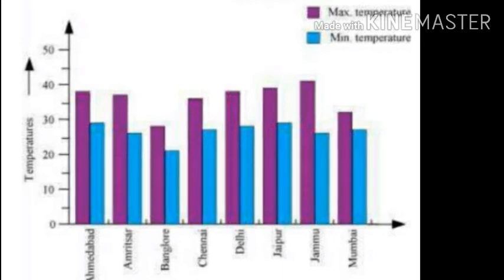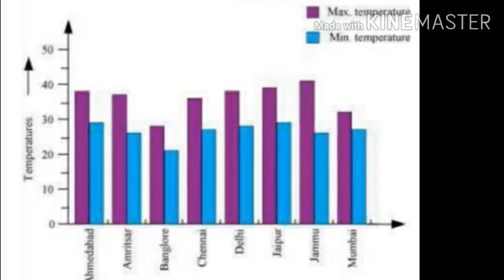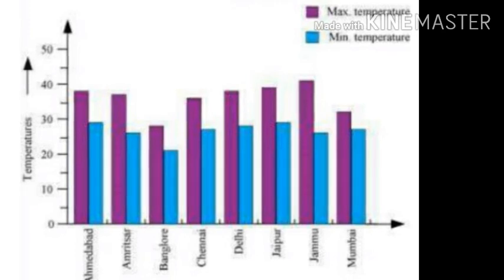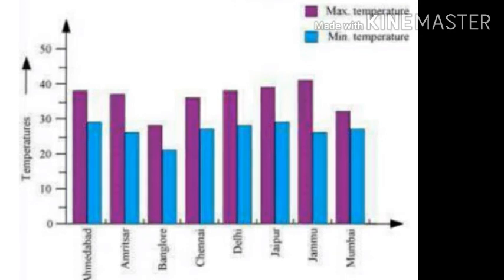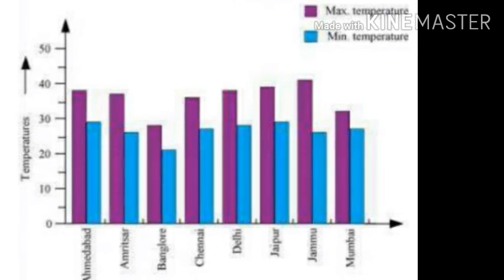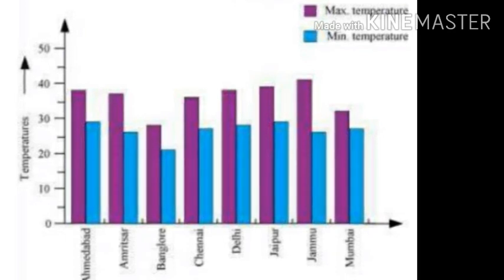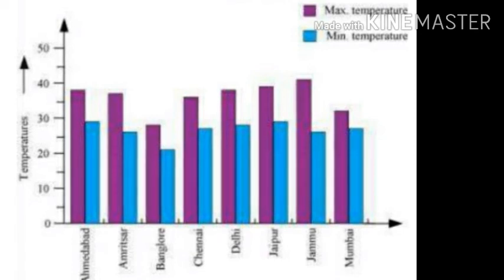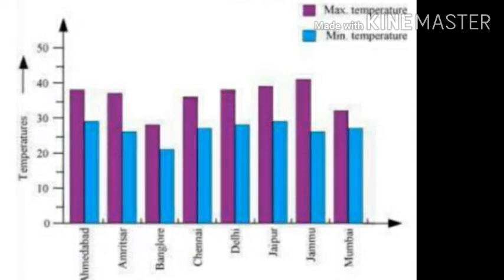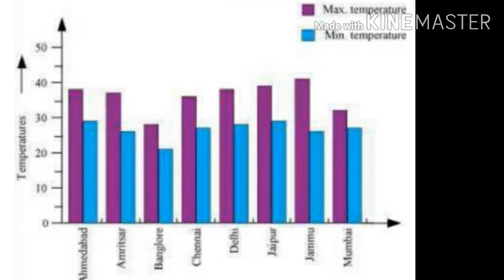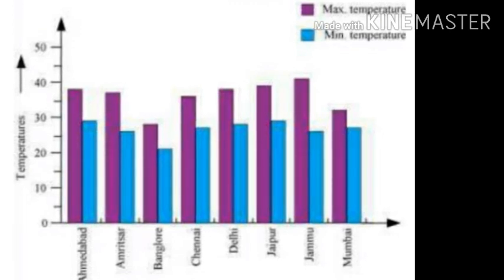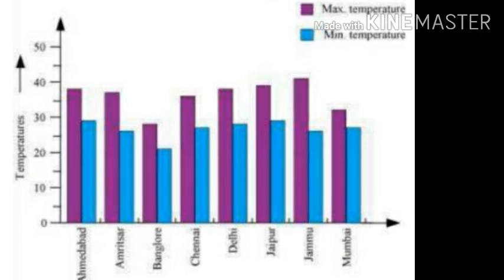Brown color represents maximum temperature and blue color minimum temperature. We write temperature on the y-axis and name of cities on the x-axis. From the graph, we observe that Jammu has the largest difference in its minimum and maximum temperature. We also observe that the hottest city is Jammu and the coldest city is Bangalore.